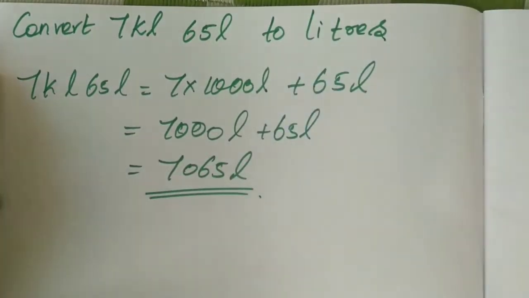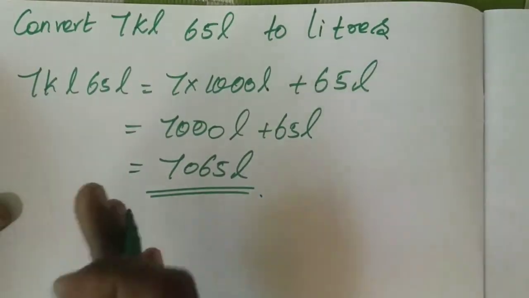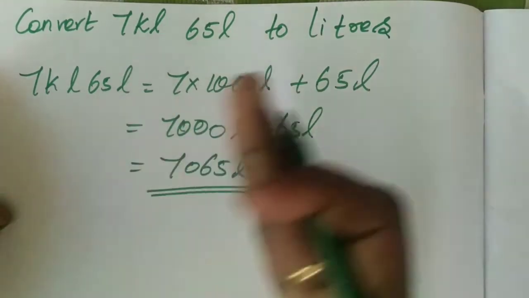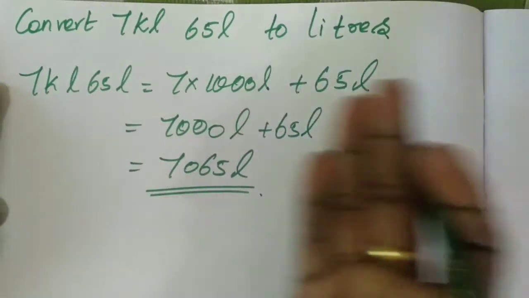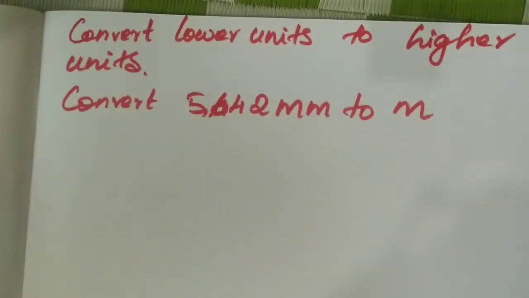Are you clear guys? These are very simple things. Don't forget, this is conversion of higher units to lower units. Next we are going to see how to convert lower units to higher units.